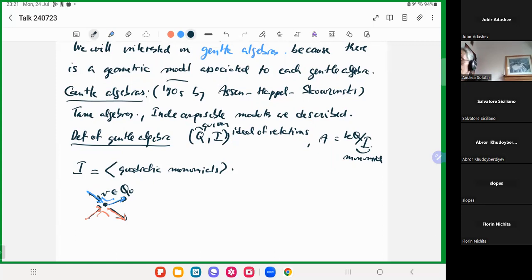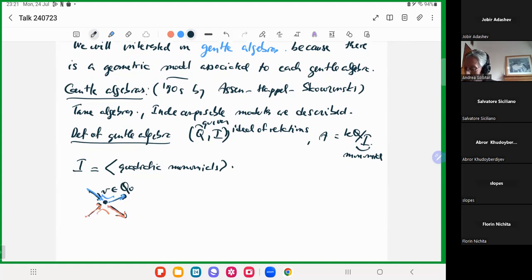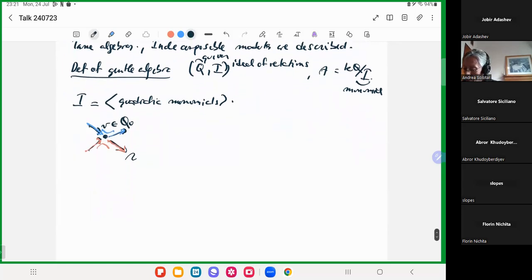So, any question? Perfect. Okay, so let me talk a little bit about the geometric models, how to associate a geometric model to a gentle algebra given a presentation.